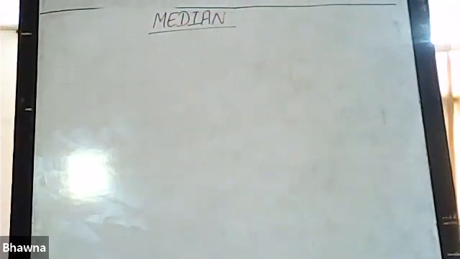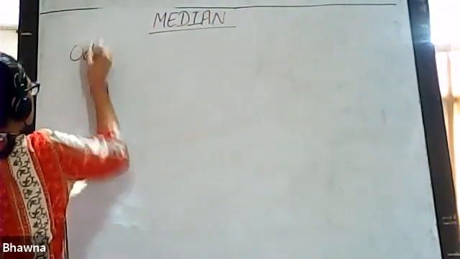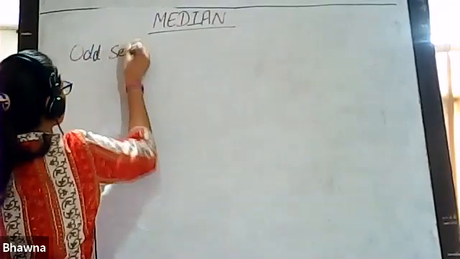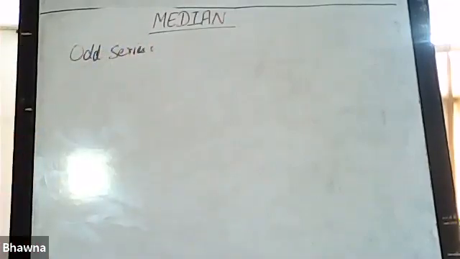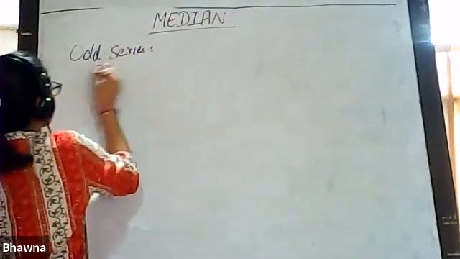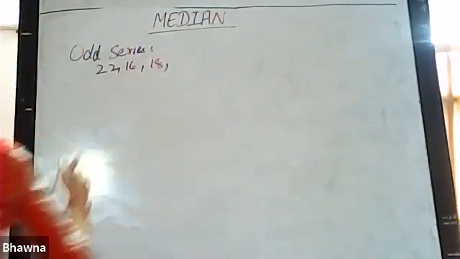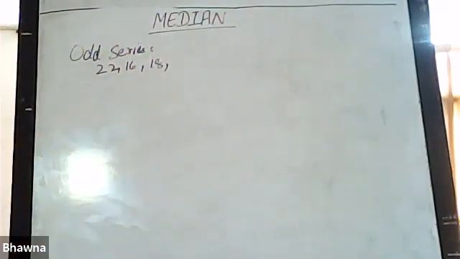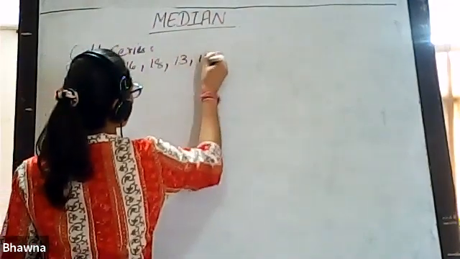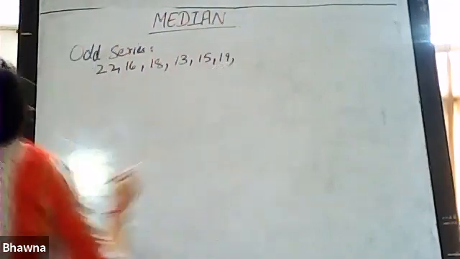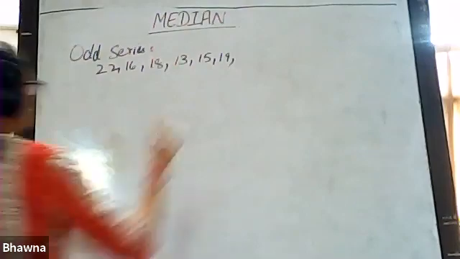The data is 22, 16, 18, 13, 15, 19, after this 17, 20 and 23.